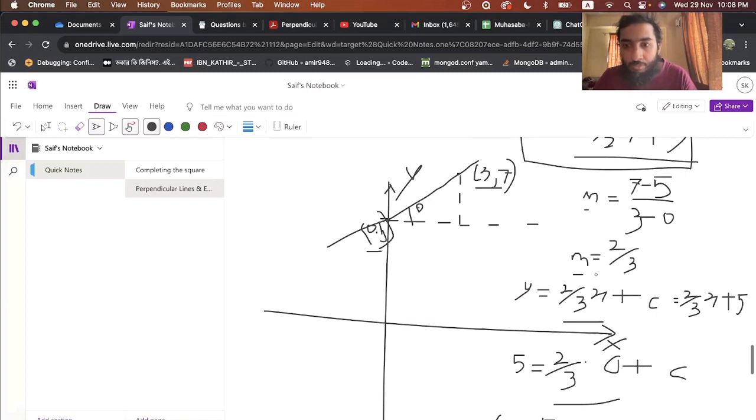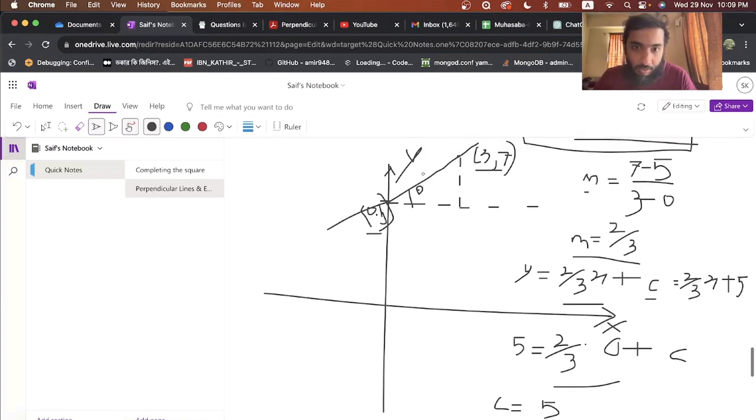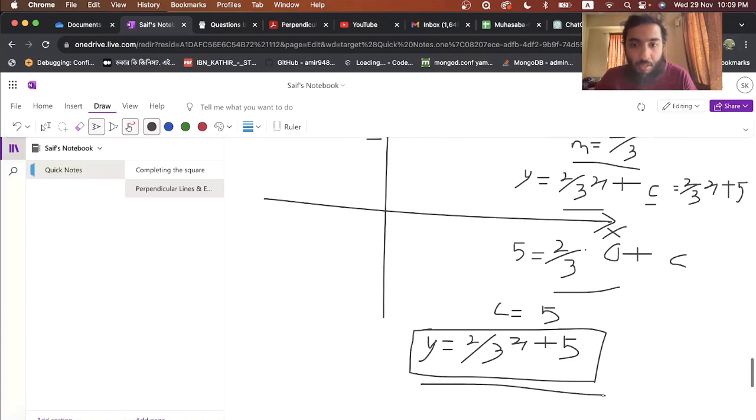So we found the value of m, which is the slope, and we knew that the line we want to figure out went through these 2 points. So we used 1 point to figure out the value of c, and we found the full equation, which is y equals 2 by 3x plus 5.